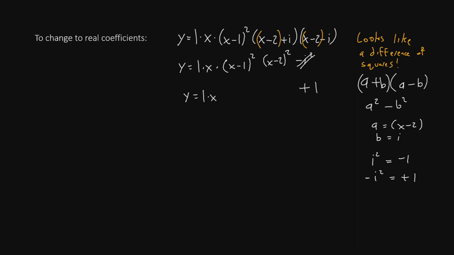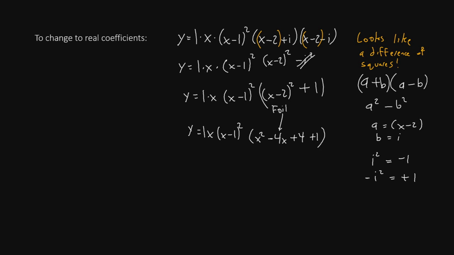Once again, the rest of the equation stays the same. Now, all we have to do is FOIL the (x minus 2) squared. So we now have y equals 1x times (x minus 1) squared. If we FOIL this out, we'll get x squared minus 4x plus 4 plus 1. Now combine the like terms, plus 4 and plus 1. We'll simply make plus 5.